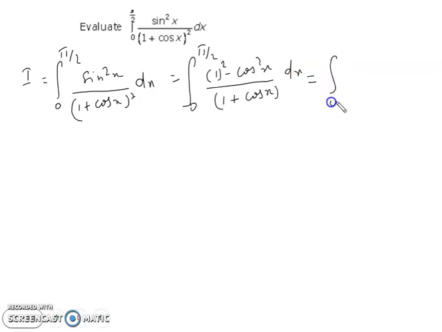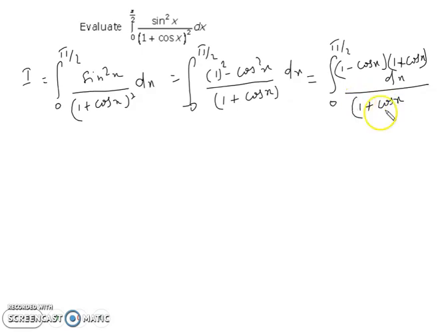So we can write the integral from 0 to pi by 2 of (1 minus cos x) into (1 plus cos x) dx by (1 plus cos x) whole square.